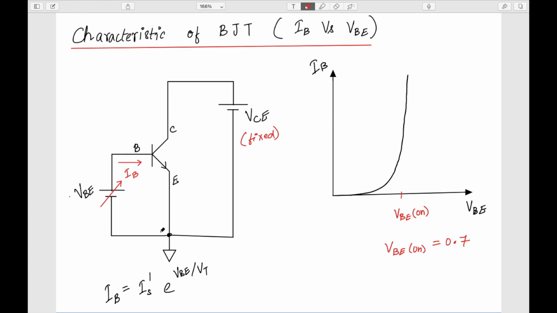This is very important. The same can be applied for the base emitter junction, because it is a simple forward biased PN junction. And we can also approximate this whole thing with a straight line at VBE equal to 0.7, just like we did for the diode.